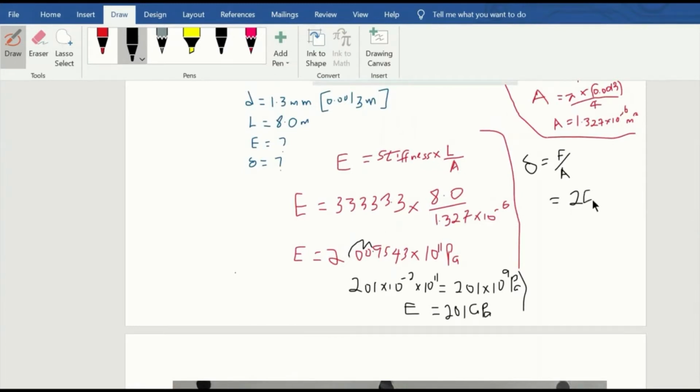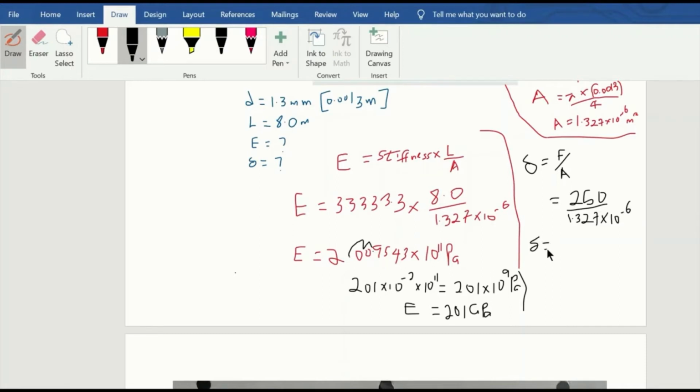250 over the area. The area is 1.327 times 10 to the minus 6. So therefore, put that in your calculator.